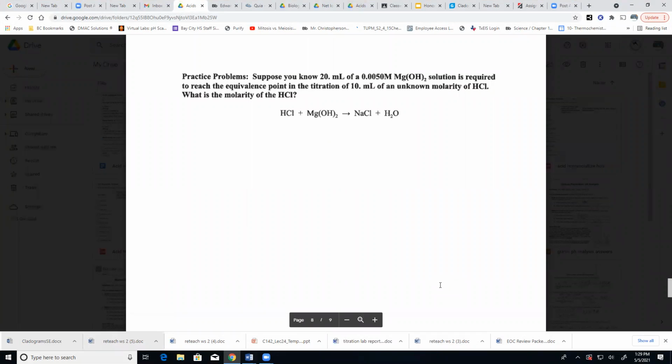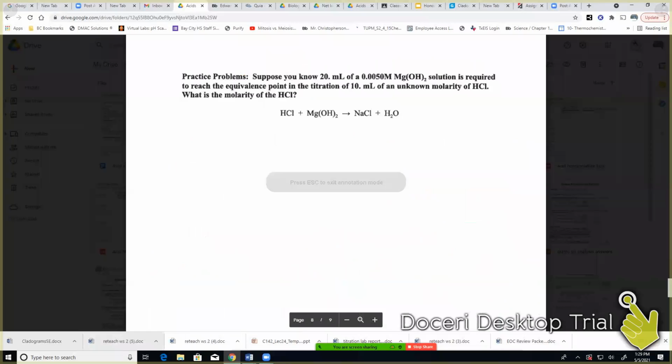All right, here we've got our first one. Third period, I was really trying to balance this equation, and I had a lot of trouble balancing it. Can anybody tell me why? Because there's magnesium over here but not over there, so that's not a good equation.